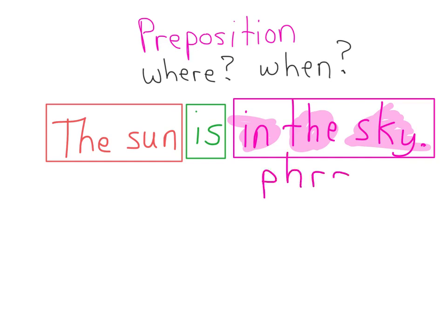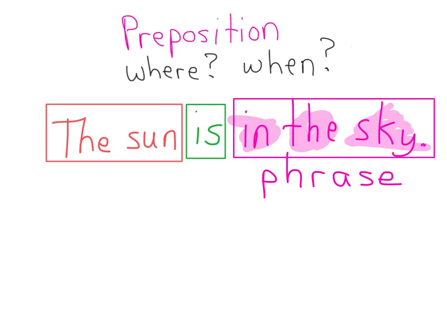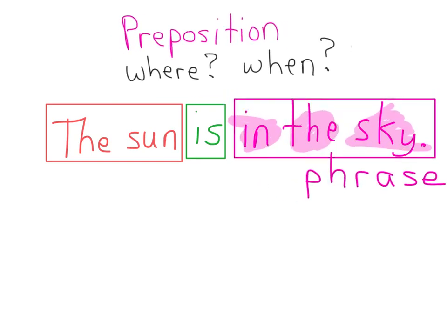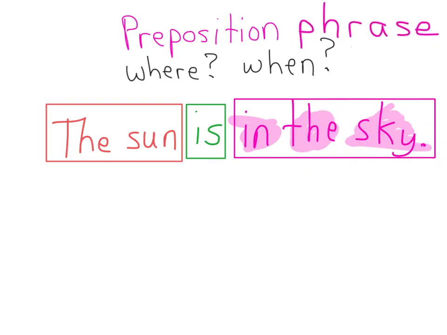So a phrase is a group of words that work together as a group. That means we're going to put a box around them and keep them together. So we call this a prepositional phrase, in the sky. This one, in the sky, is answering the question, where? Where is the sun?